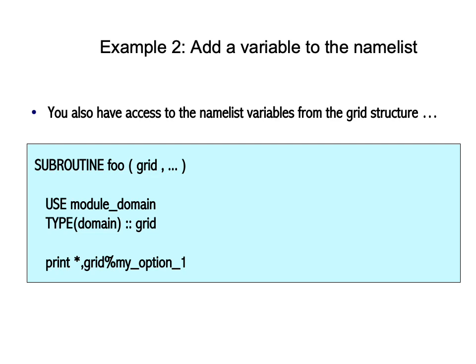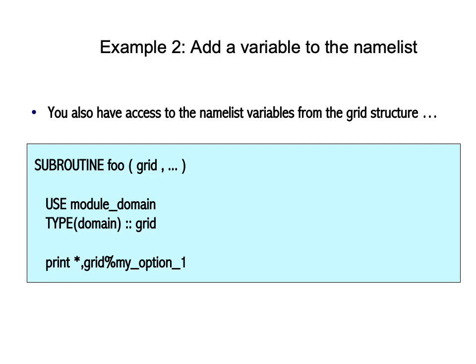Another way that you can access these namelist variables is through this grid structure. A number of the high-level routines up through the solver routine and then even into first RK step where we do a lot of physics, you'll see the variable grid passed in. This is a derived data type.